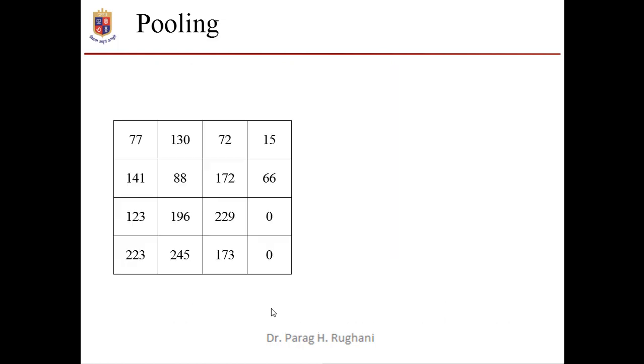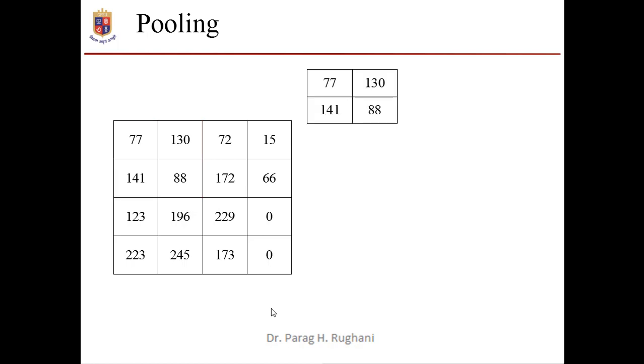Now let us take another feature which we'll be using in CNN, and this feature is called pooling. The idea of pooling is to reduce the matrix size by concentrating on the important pixels only. So let us see this as a 4 by 4 matrix, and we want to apply a 2 by 2 pooling. When you say 2 by 2 pooling, let us take the first quarter of the 4 by 4 matrix, the top left corner, which is 77, 130, 141 and 88.